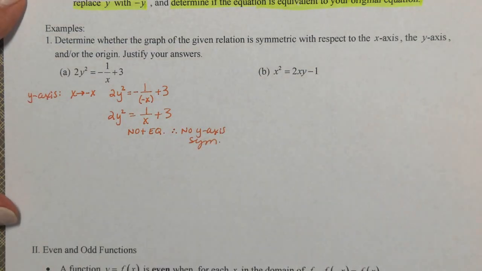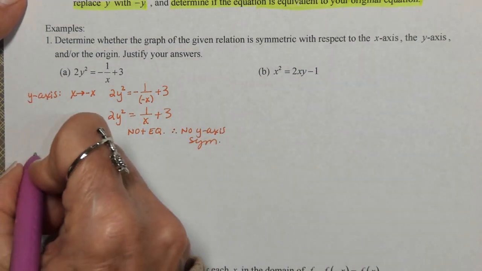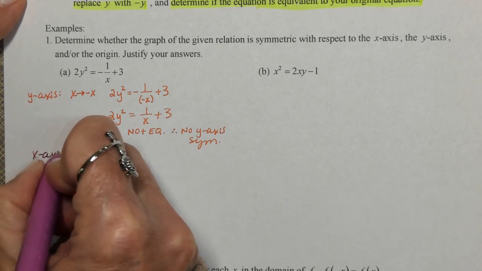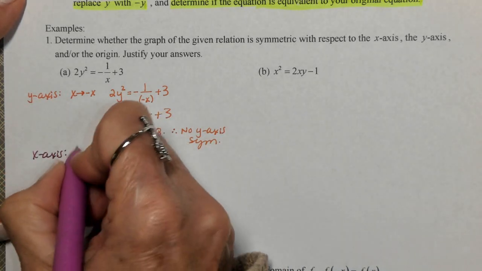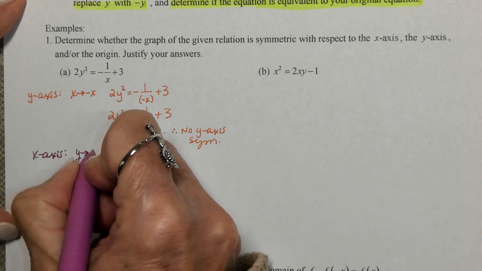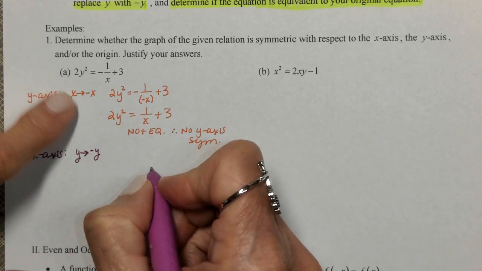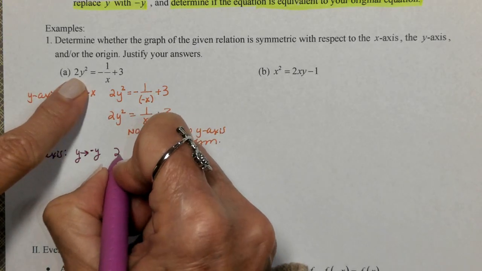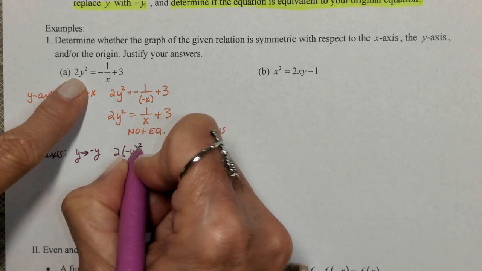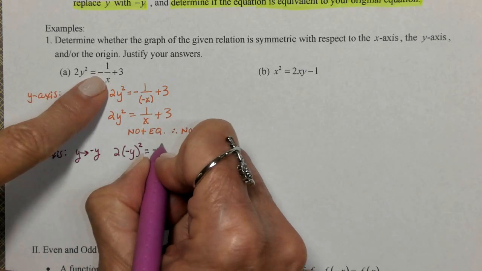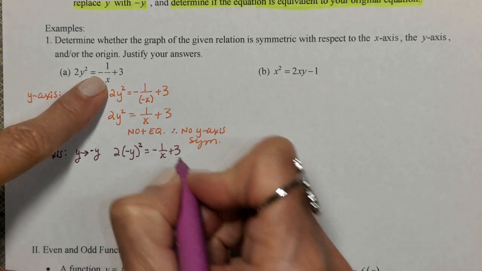Okay, what about x-axis symmetry? We're going to replace y with negative y. We'll have 2 times negative y squared is equal to negative 1 over x plus 3.